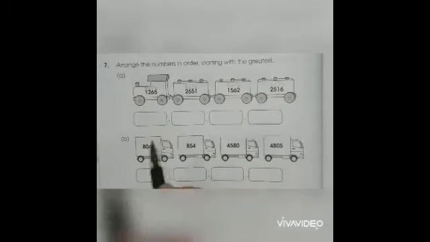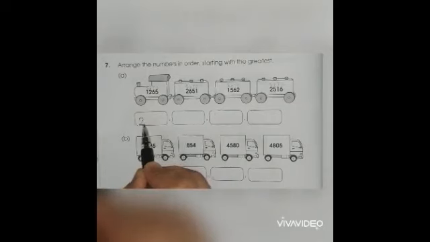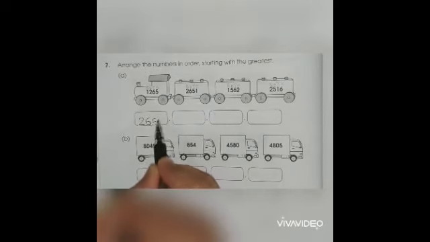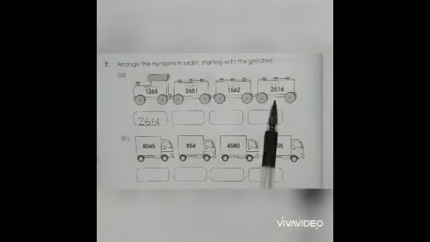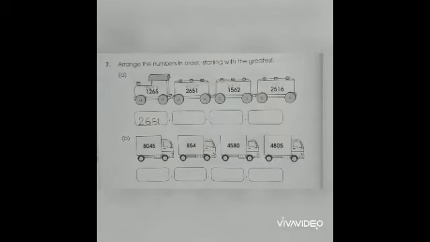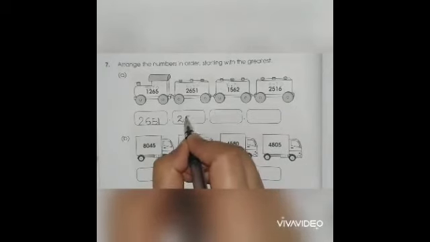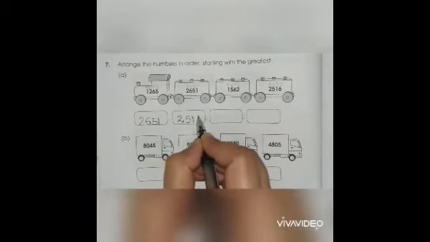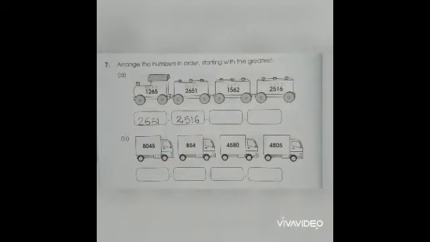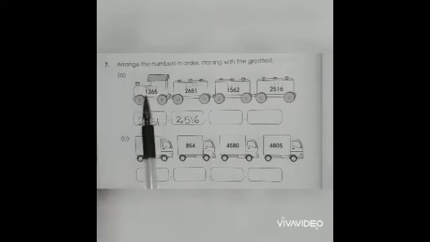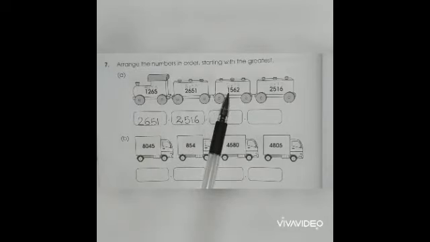We'll write this number at the first place, 2,651. Obviously, the next number is 2,516. We'll write it at the second place, 2,516.